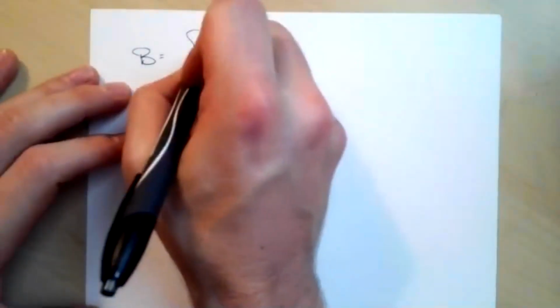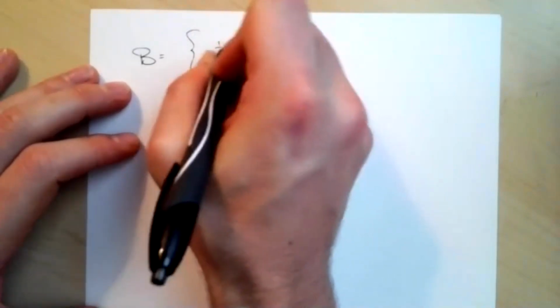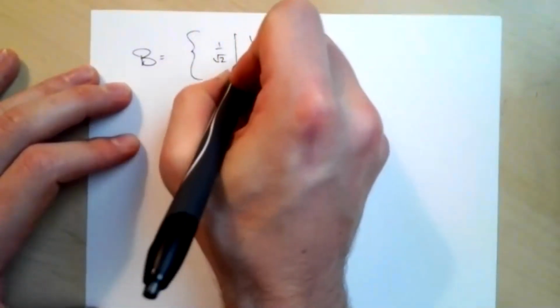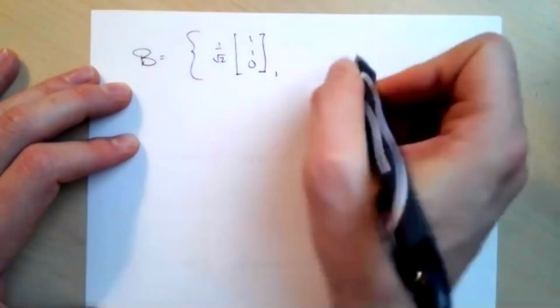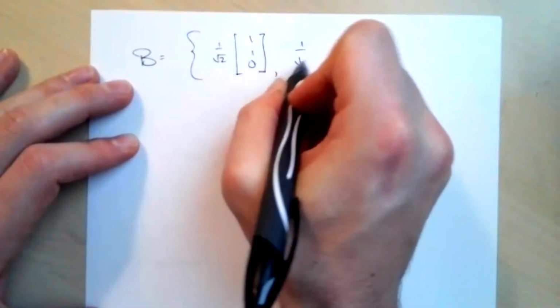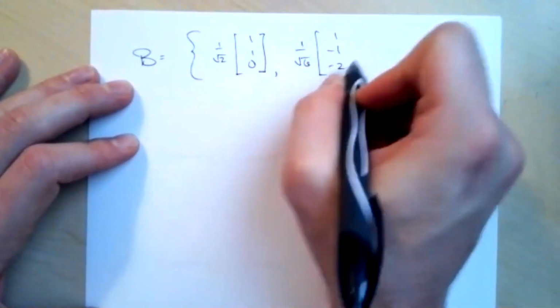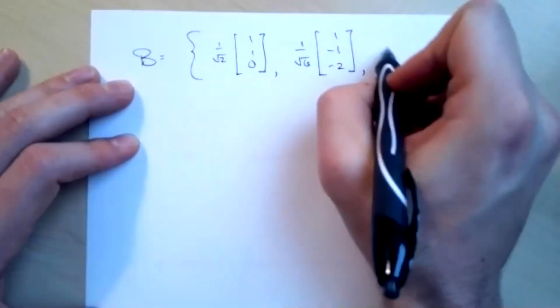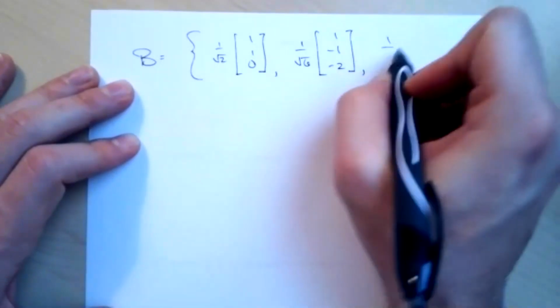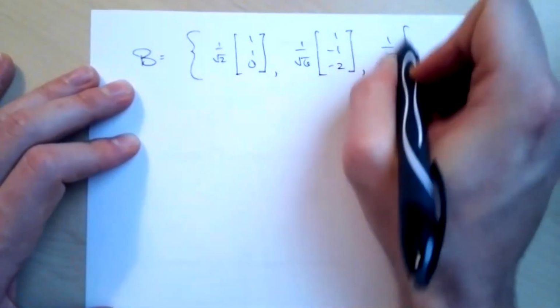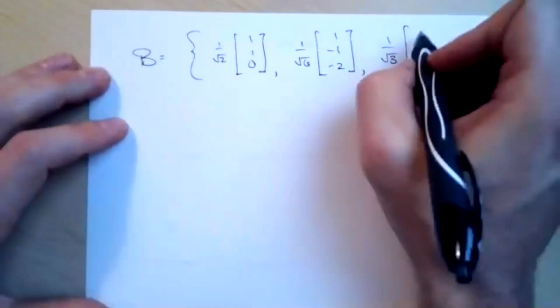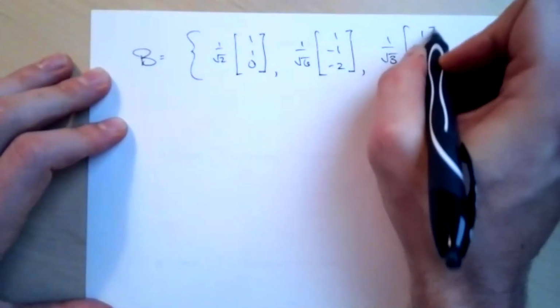It is 1 over root 2 (1, 1, 0), 1 over root 6 (1, minus 1, minus 2), and now 1 over root 3 (1, minus 1, 1).